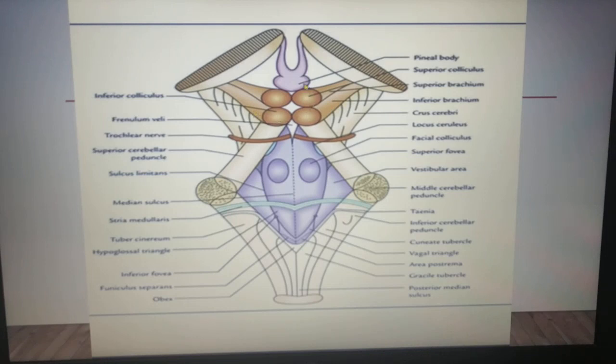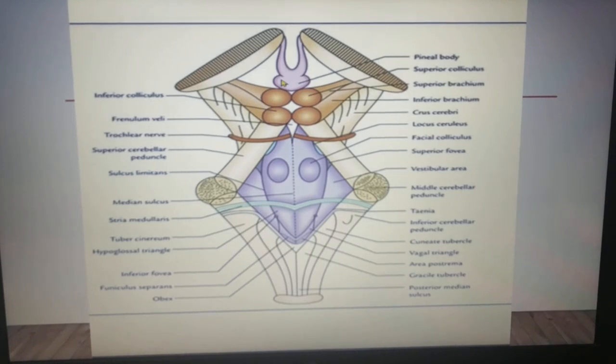We have already explained that the corpora quadrigemina are a reflex center involving vision and hearing. So which colliculus is for what reflex? The superior colliculus, remember, is for eyes, the vision center. It is carried by the superior brachium to the lateral geniculate body.